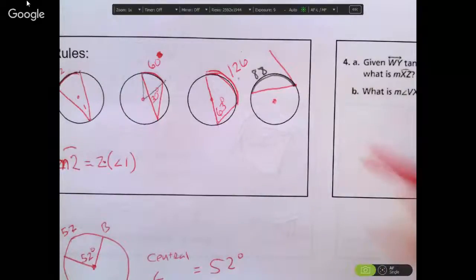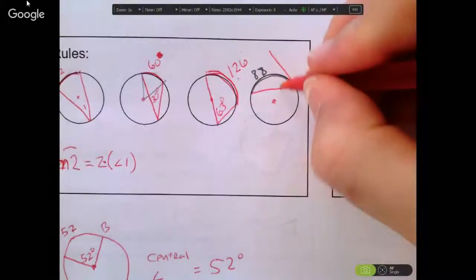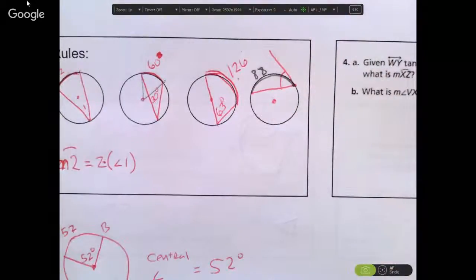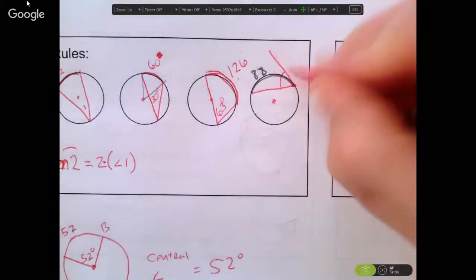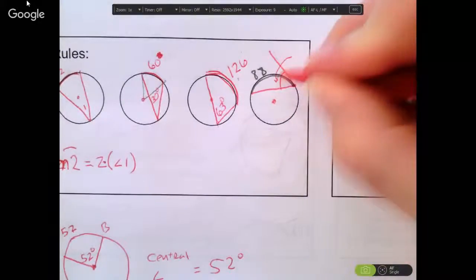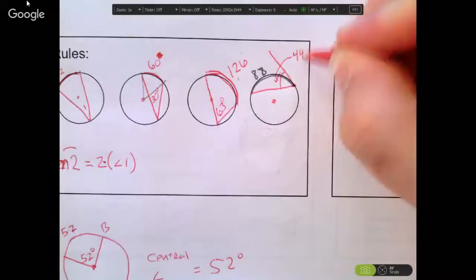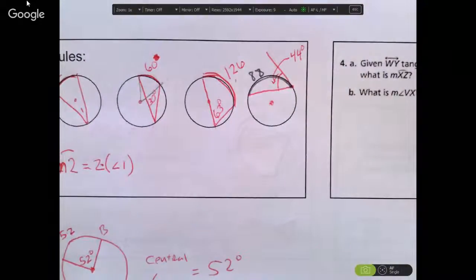That's what makes this happen. It still follows this rule that this angle right here is what? 44. So even though 88 is written in the middle of the angle, that's still for the central angle and not the angle it's written in the middle of. Inscribed angles are half of the central angle or half of the measure of the arc.